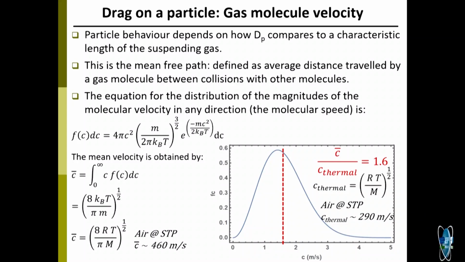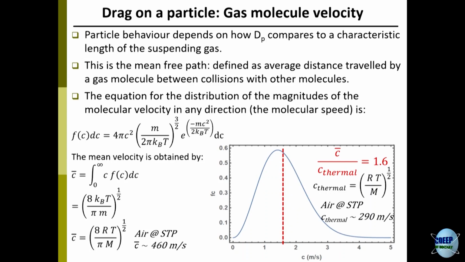This is the fraction of molecules with velocities in a differential velocity range dc, given by 4 pi c squared. Then you have, the moment you start seeing this, m by kT, where m is the molecular mass, k is the Boltzmann constant, and T is your absolute temperature.